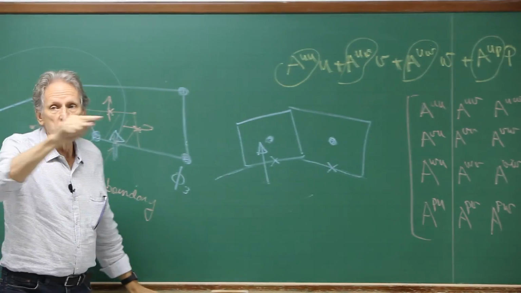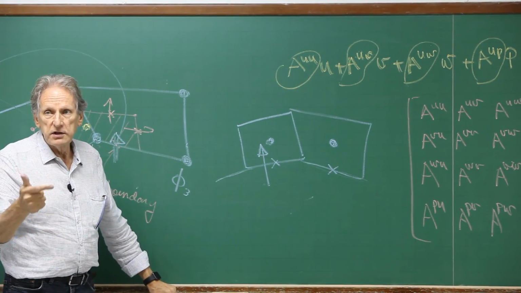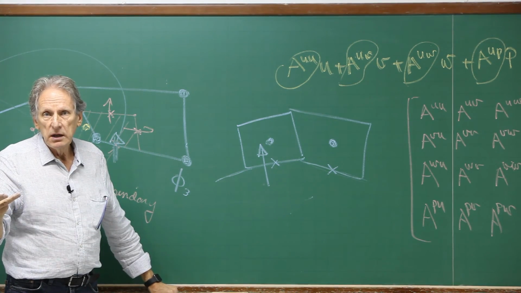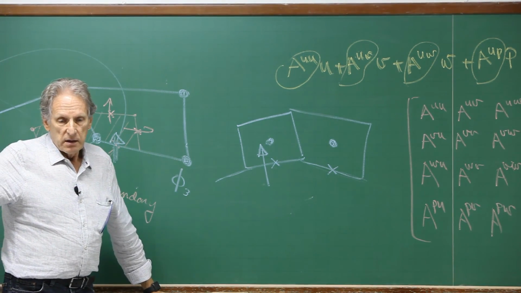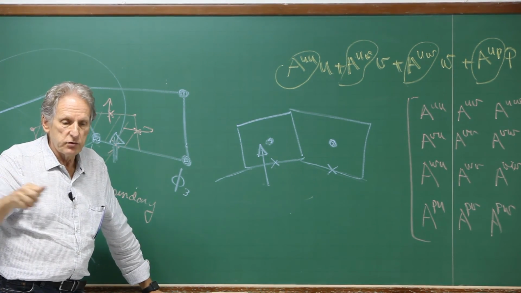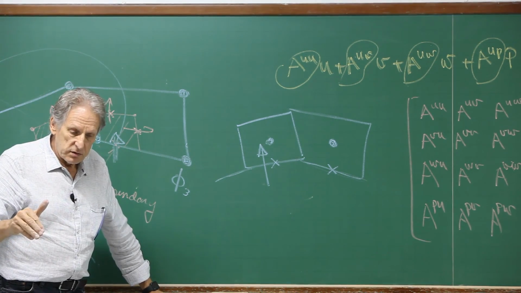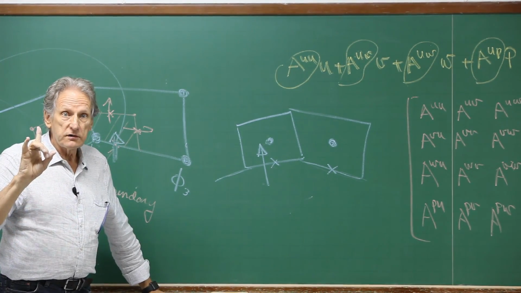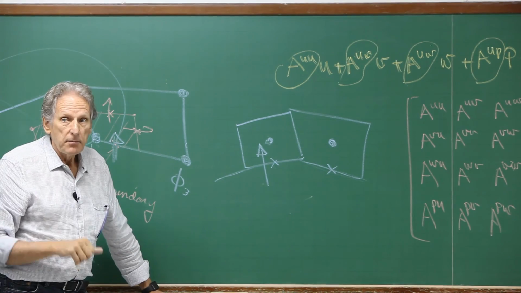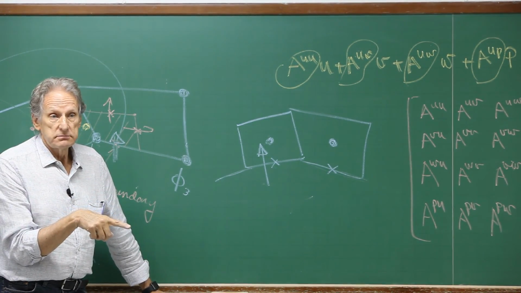It means that in your differential equation, you have to have U, V, W, and P. In Navier-Stokes, for the x component of the momentum equation, you have to have U, V, W, and P. For V also. For mass conservation also. But mass conservation, we know, does not have pressure there.